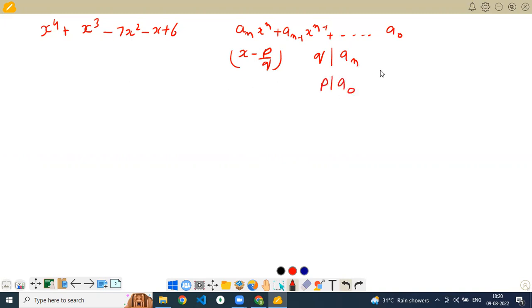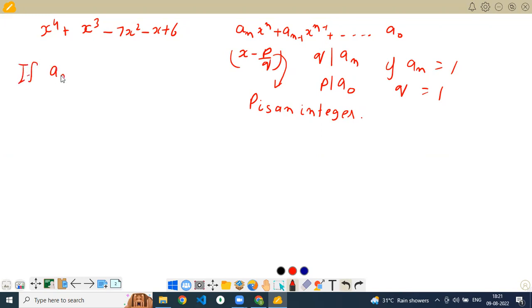Now if an is equal to 1, this means q is equal to 1, and that means p is an integer. What does this say? That if, not necessary, but if an is equal to 1 and if the roots are rational, then the roots have to be integer.